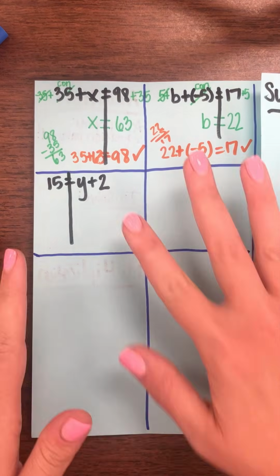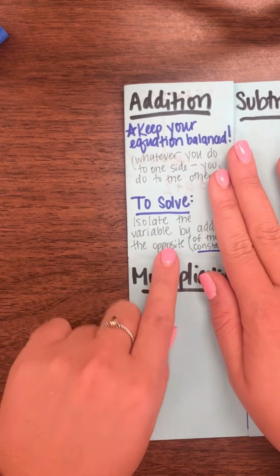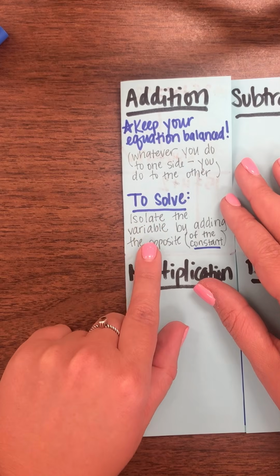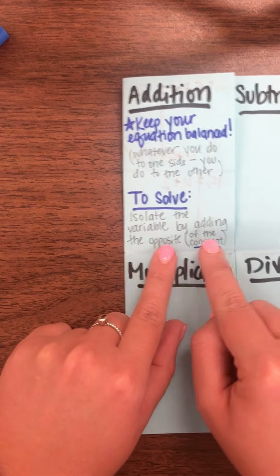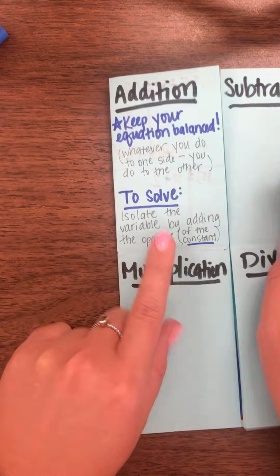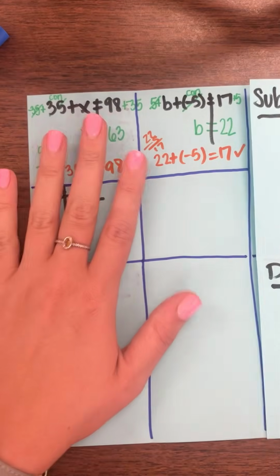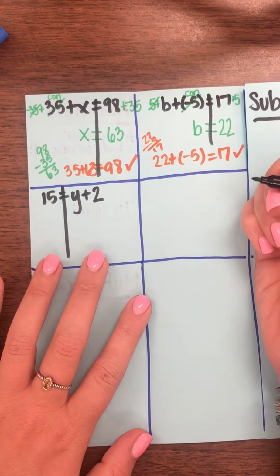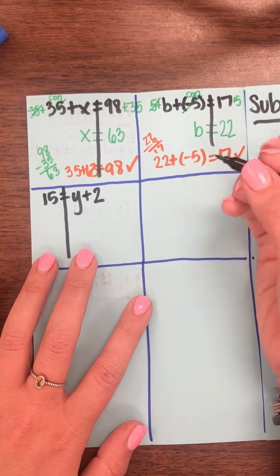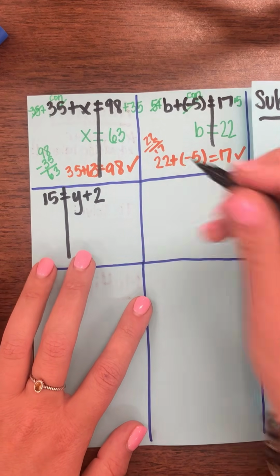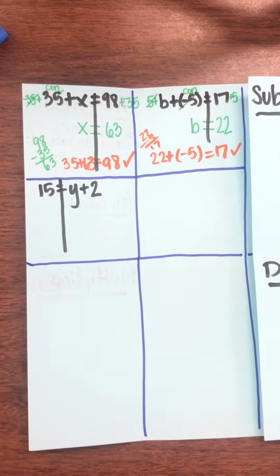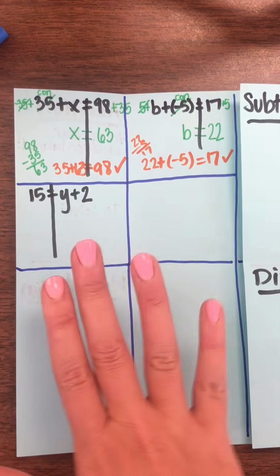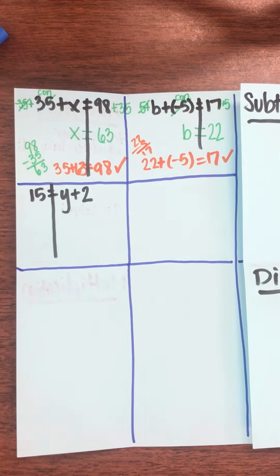Okay, so back to our foldable. To solve, we're gonna isolate the variable by adding the opposite of the constant. So hopefully you've noticed this equation has the variable on the other side, which is totally fine, okay? So what I'm gonna do, I'm gonna give you about 45 seconds, maybe a minute, to try and work that one out, show the correct algebraic process.